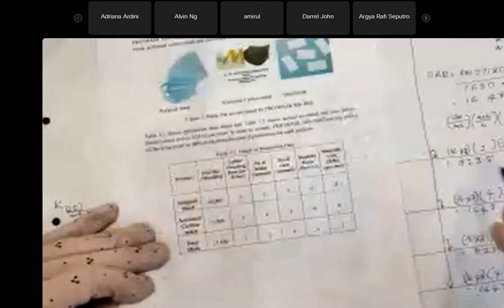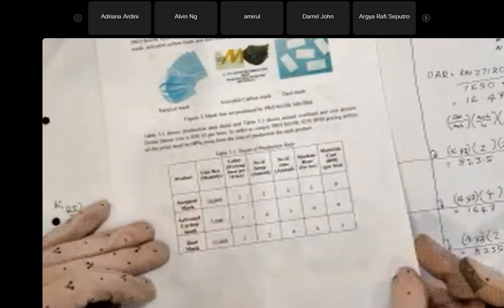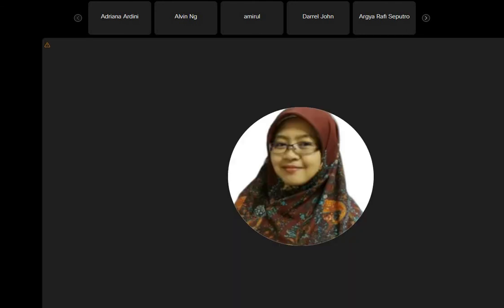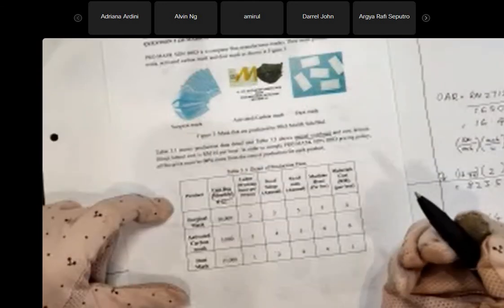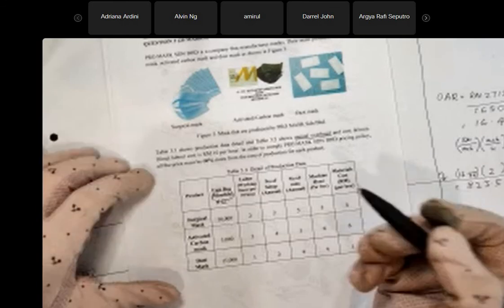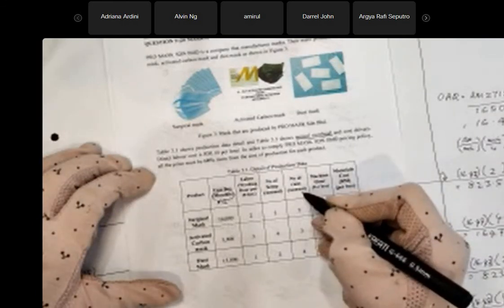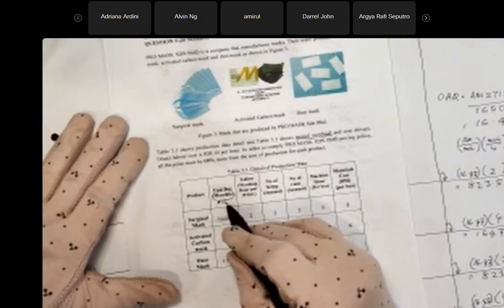Kalau tak sebelum, tak boleh kira. Okay, then dia ada unit box. Make sure you know this one is monthly. If the question is about annual, look at this one, annual overhead. So this one must be multiplied by 12. Sebab ni annual. So you have to multiply by 12.